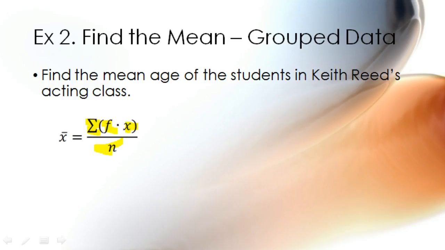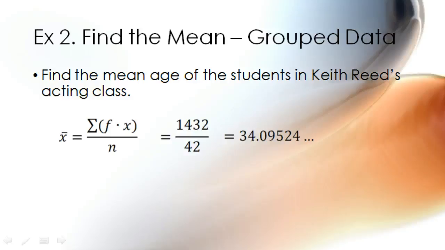Ours is 42. So 1432 divided by 42, we get 34.09524, and so on. So we will round off to one decimal place and get 34.1. So the mean age of students in this class is 34.1 years old.